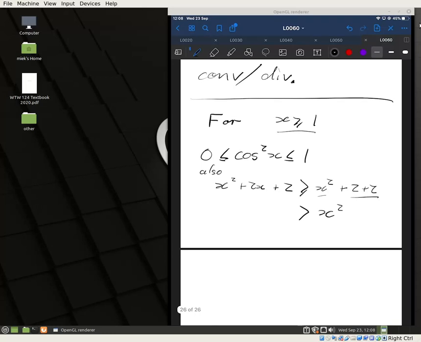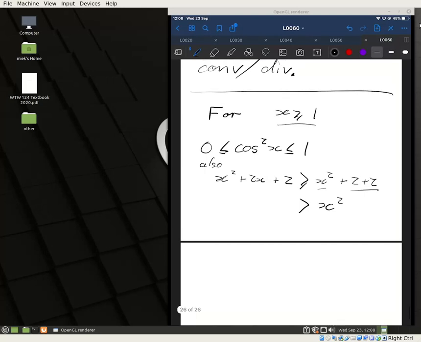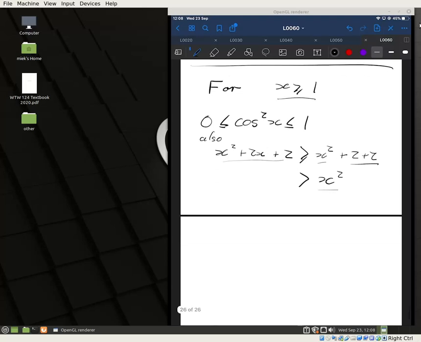So if we now rearrange this a little bit, everything here is positive, so if we divide both sides by it, what do we get?